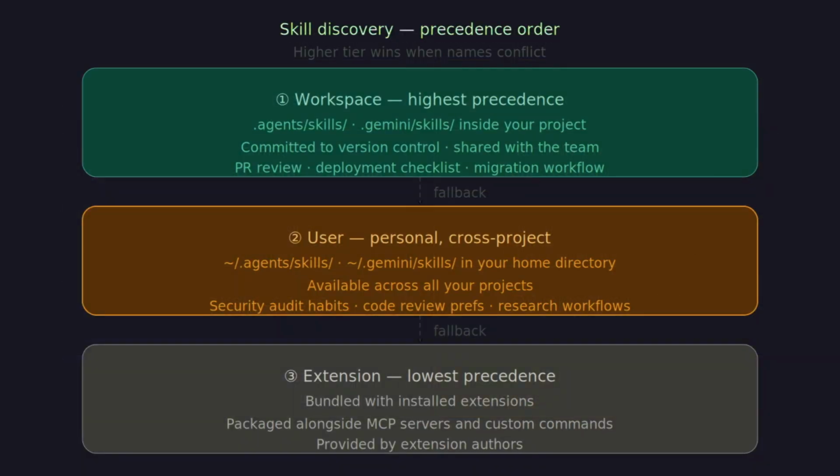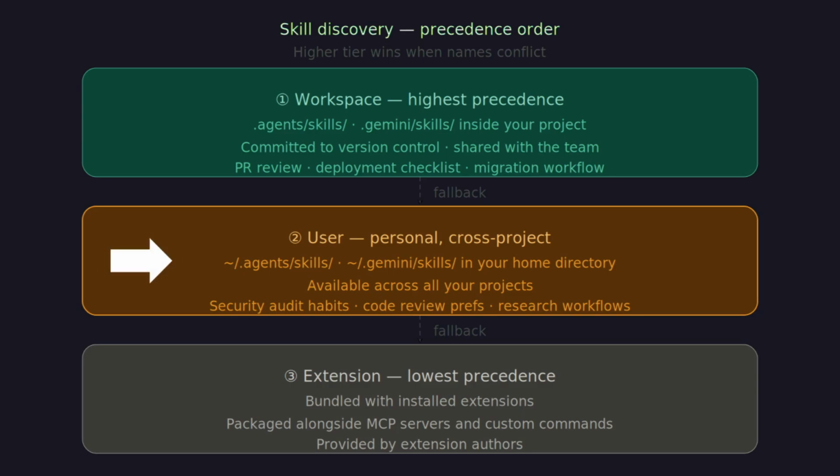Gemini CLI discovers skills from three locations in order of precedence. Workspace skills live inside your project in the .gemini skills folder or the .agent skills folder. These are typically committed to version control and shared with the team: a PR review skill, a deployment checklist skill, and a project-specific migration workflow.